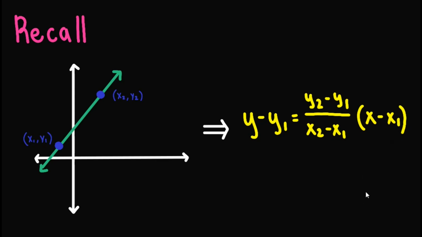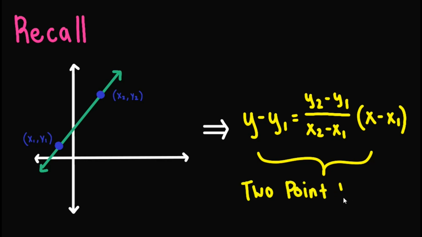So the equation of the line can be written in this form. This is called the 2-point form.